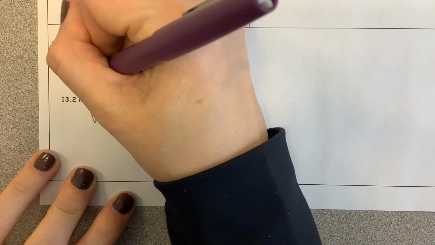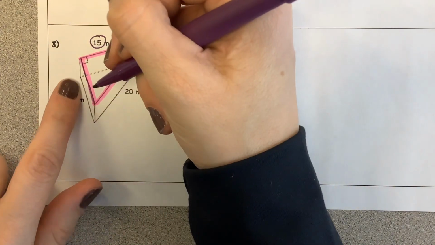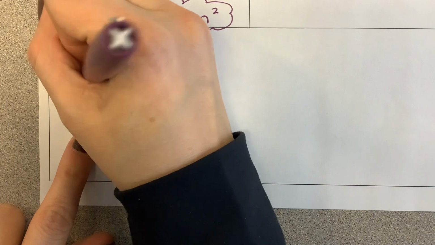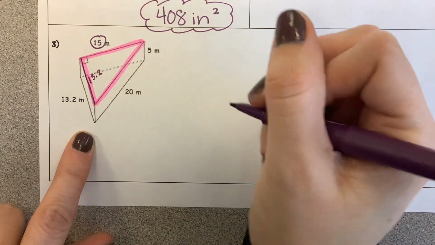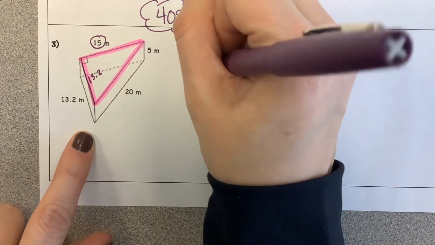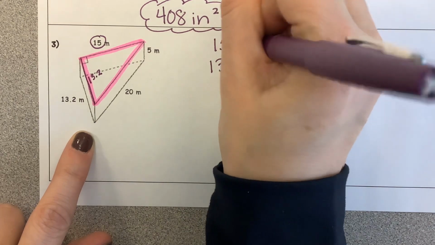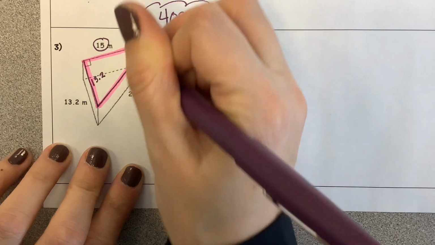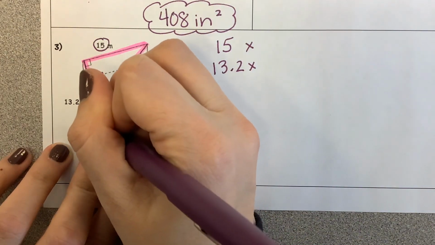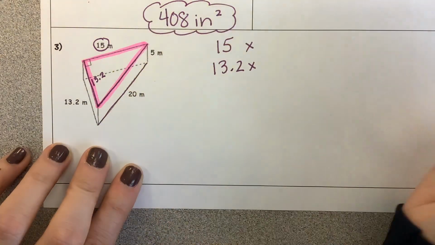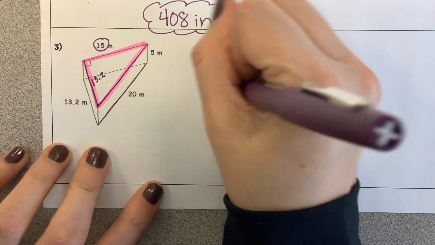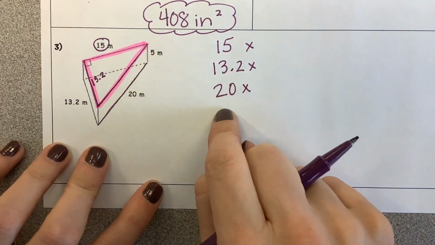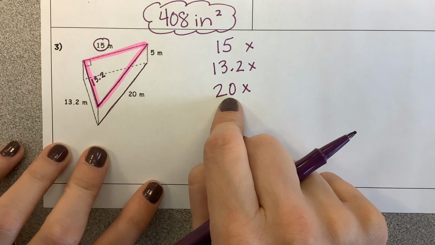For this side length, it's not written right there, but it's going to be the same as this bottom one, which is 13.2. So we have 15, we have 13.2, and the last triangle side length is right here, which is not listed, but if we look at the bottom, it's the same as this length here of 20.